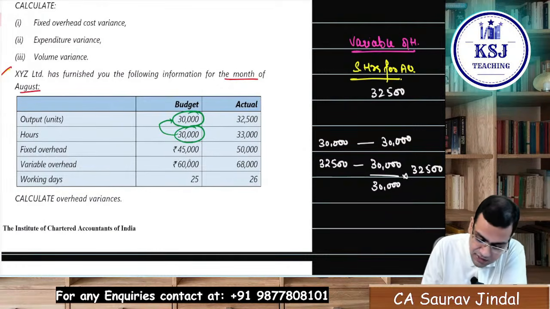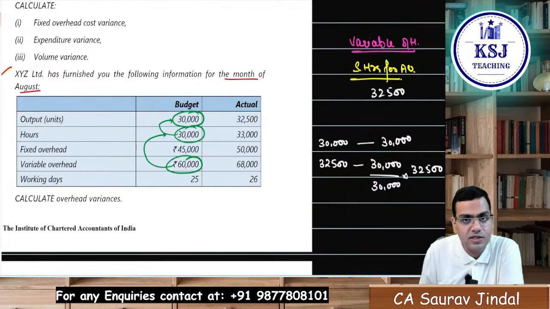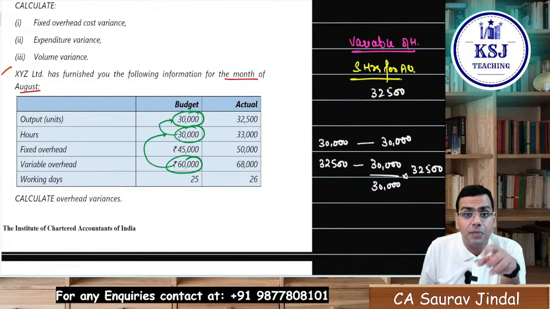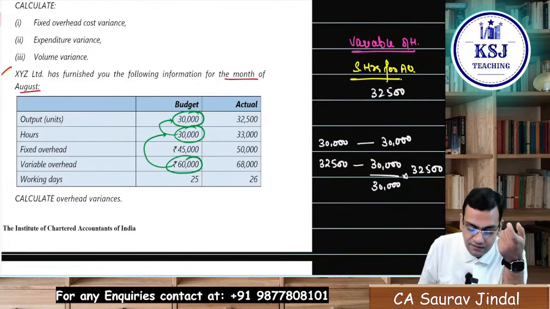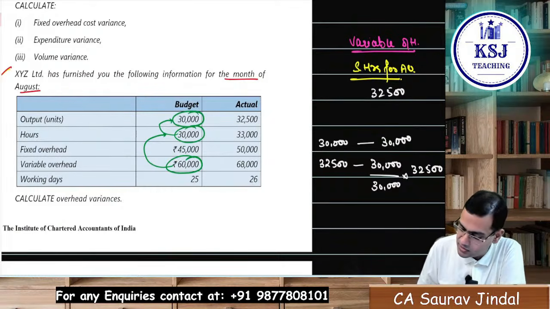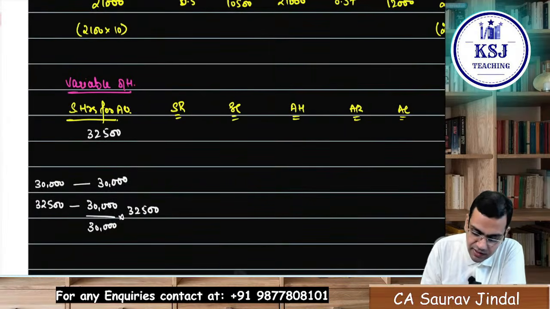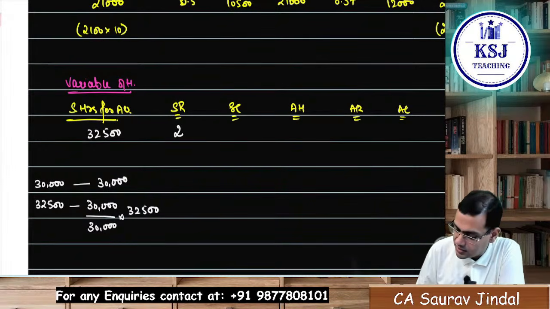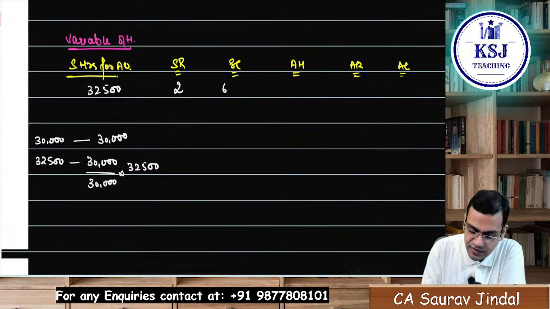Standard rate means the variable overheads divided by the number of hours. Standard budgeted variable overheads divided by the budgeted hours, right? So standard rate here is 2 rupees. So what is the standard cost? That is 32,500 multiplied by 2, that is 65,000. What is the actual hours?